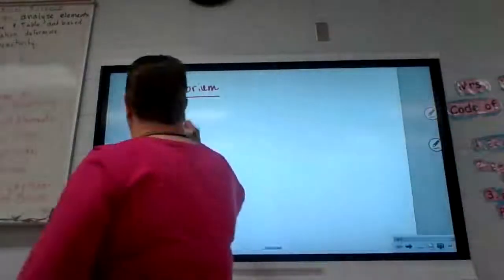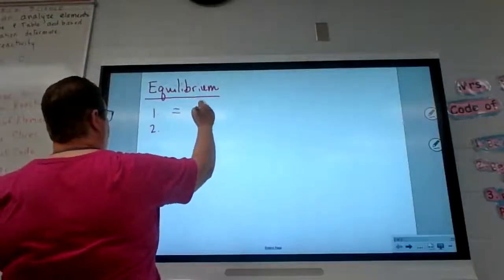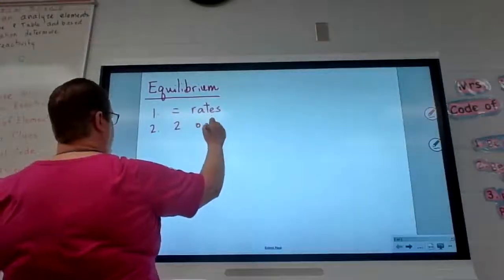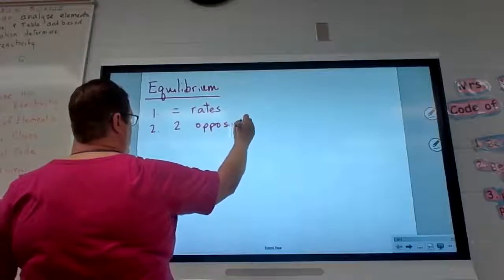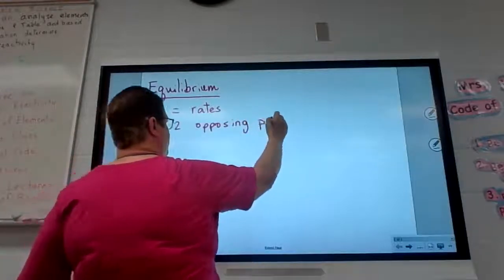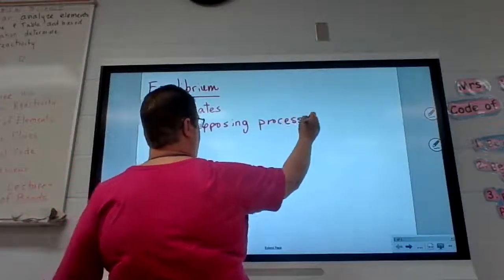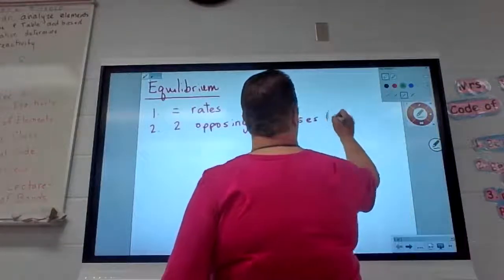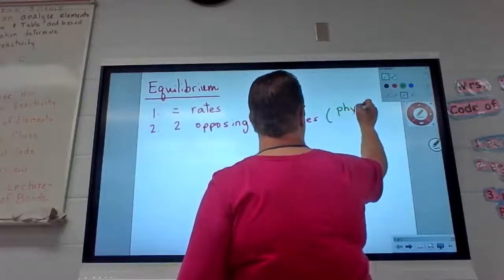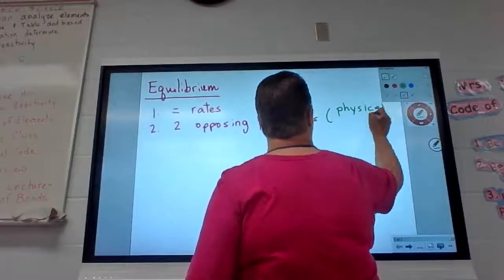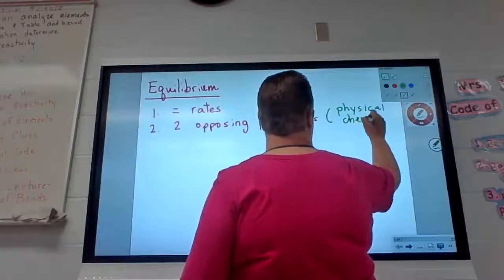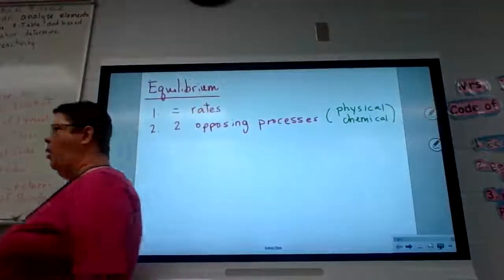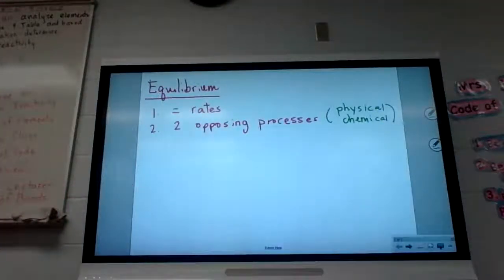We have to have equal rates, and we have to have two opposing processes. Now, just to review, the two opposing processes can be a physical process or a chemical process. I'm going to break these apart. Today, we are only going to talk about physical processes.